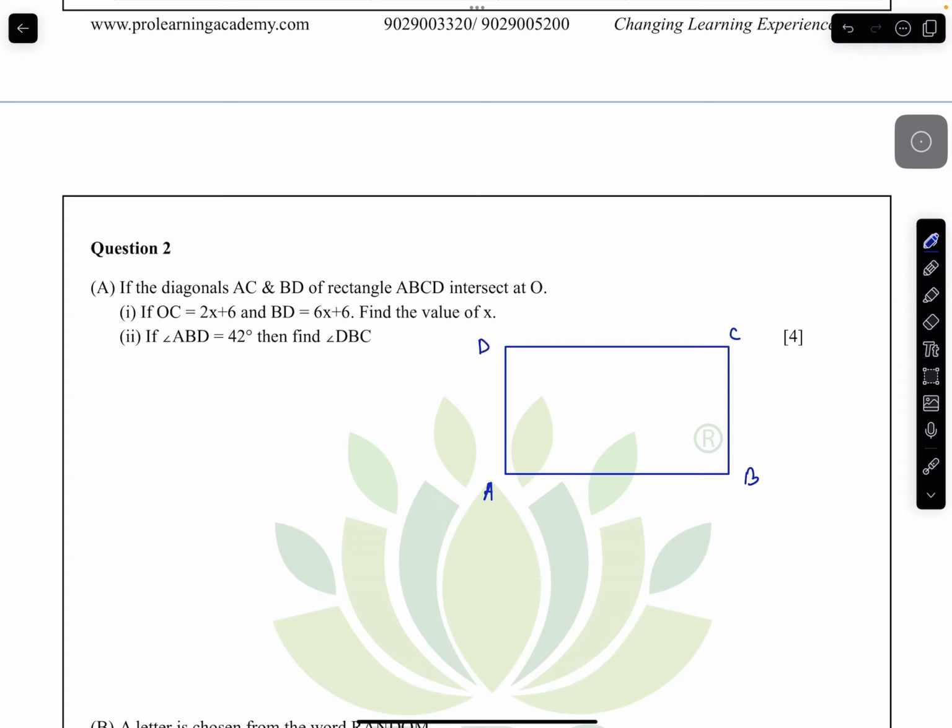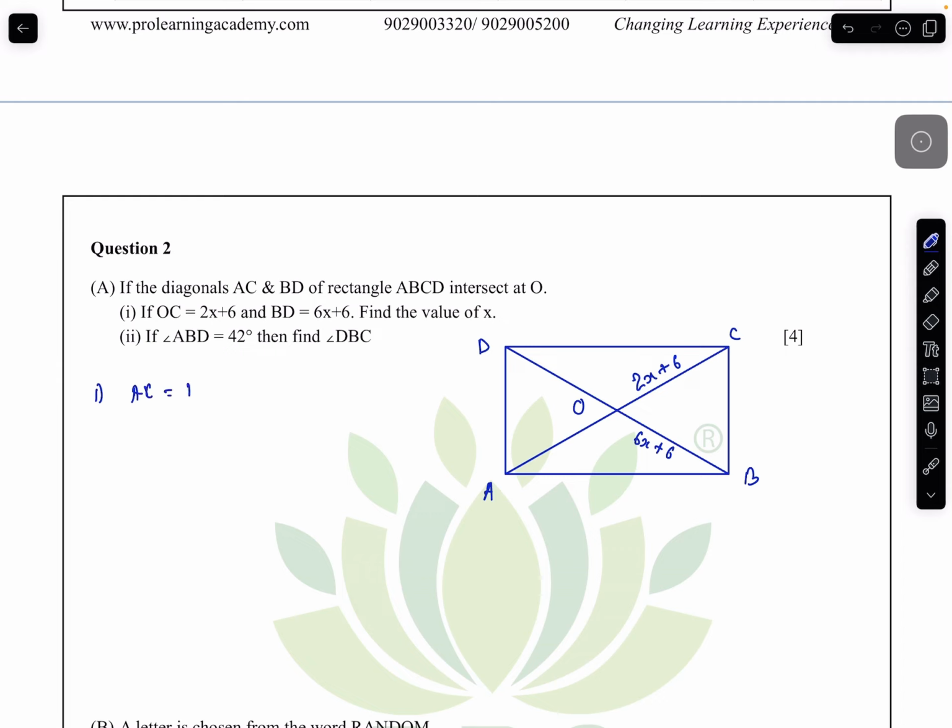The diagonals AC and BD intersect at O. So we know this diagonal and this diagonal are both intersecting at O. The question says if OC is 2x plus 6, and BD is 6x plus 6, so 6x plus 6 is the whole of BD. We know that the diagonals of a rectangle are equal and bisect each other. So we will write these two properties here.